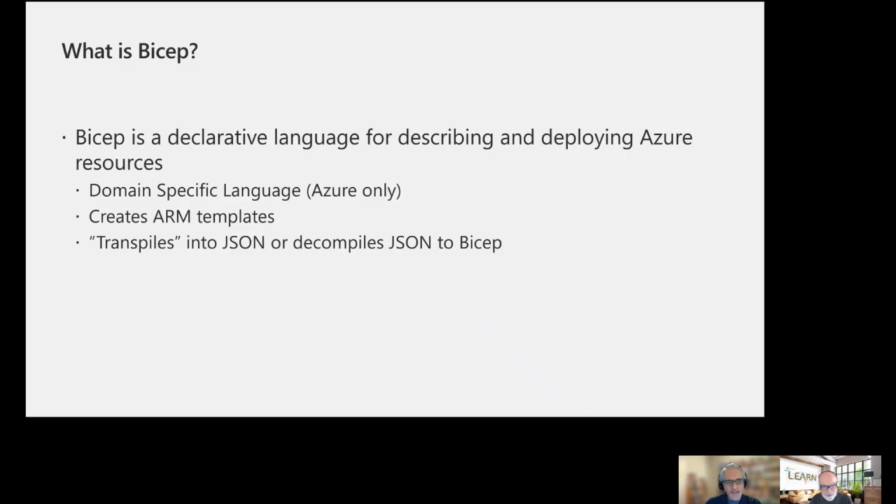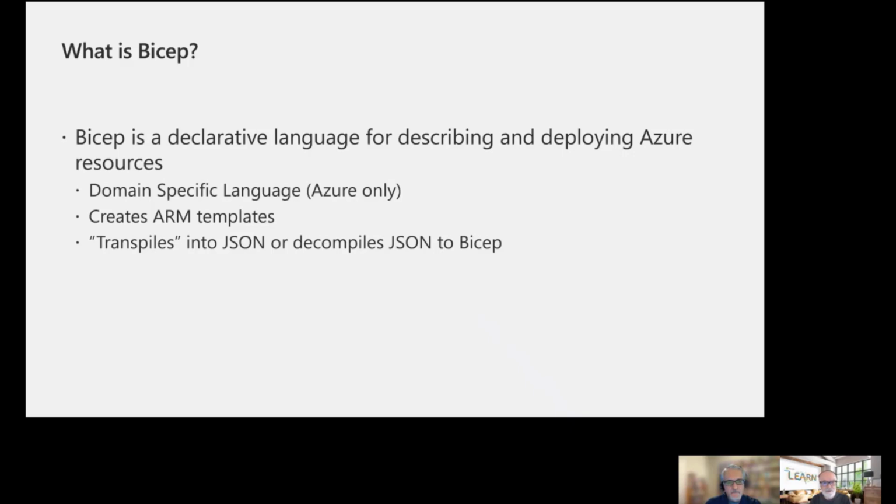Okay, yeah, I was going to ask exactly that. It's not just the infrastructure. We're not just building virtual machines. In fact, it's really easy to build app services and app service plans or storage accounts, maybe even easier than it is to build virtual machines. But we call it a domain-specific language, and my best parsing of that term is that it's Azure only, so we can't use it to create anything on AWS. It wouldn't work on AWS.